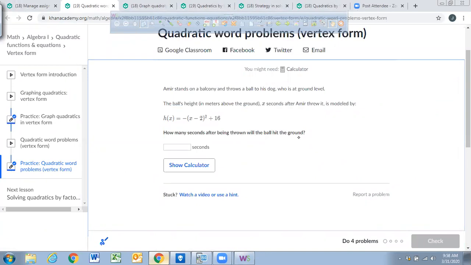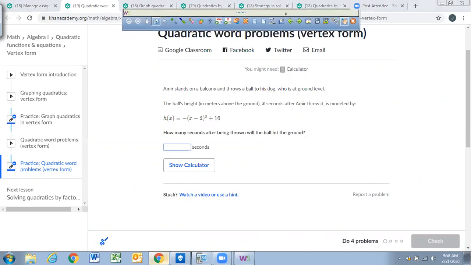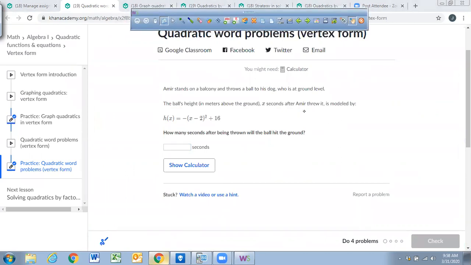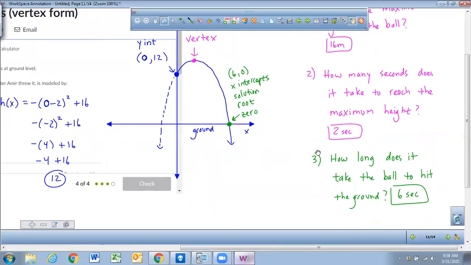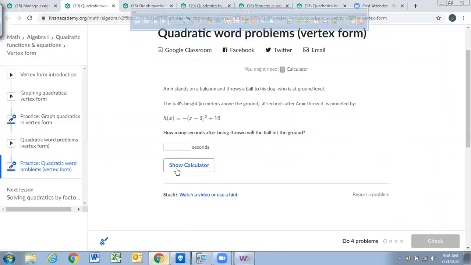We already found it. What's that? See how it's the exact same equation? How long does it take the ball to hit the ground? 6 seconds. Same equation. Different answer.